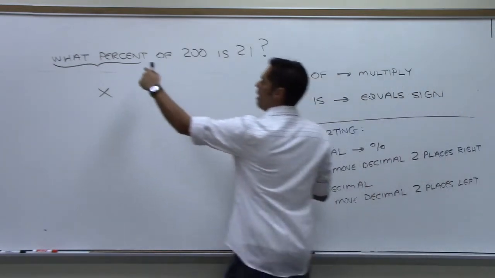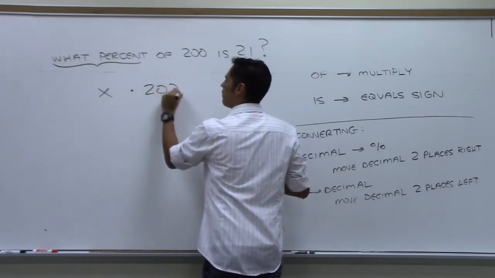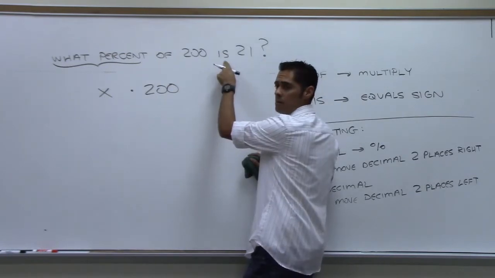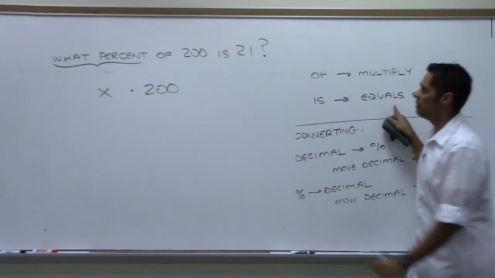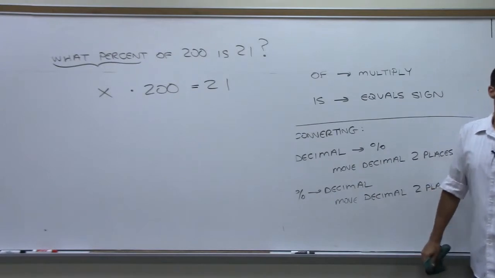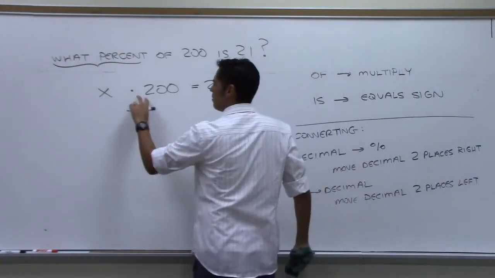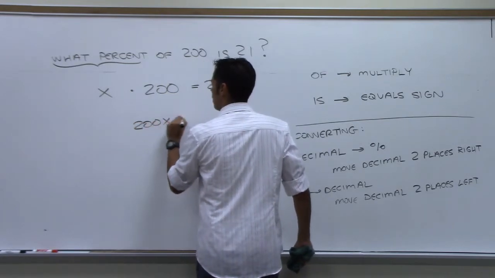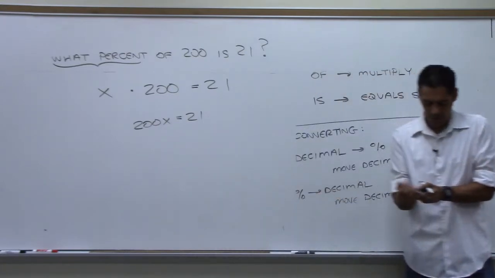So this means x times 200 is, equals, right? Is equality, 21. That makes sense as far as translating it directly from words into an equation. So I'm going to rewrite this. X times 200 is the same as 200x equals 21. And I'm going to break out my calculator because this is going to be a decimal.